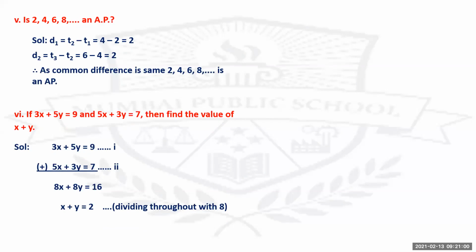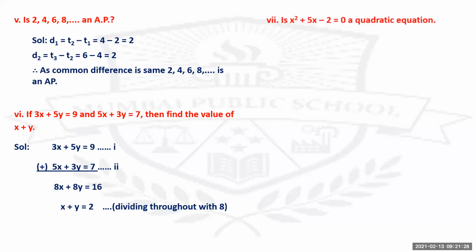After adding, 3x plus 5x is 8x, and 5y plus 3y is 8y. So you get 8x plus 8y equals 16. Now 8 is common everywhere, so you can divide throughout by 8. So x plus y equals 2.